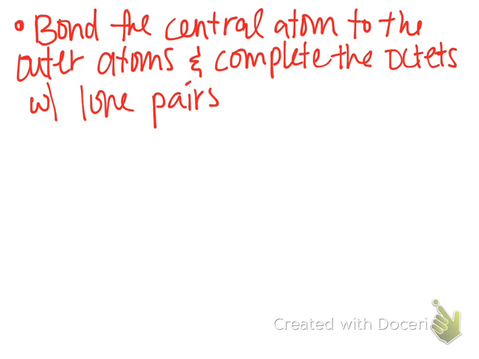The problem is it's a puzzle, so you have to spend a little time putting it together. Lewis structures might not be something you get right the first time every time, but the good news is that there's always a way to get it right. You just have to take a little time and figure out how that puzzle fits together.